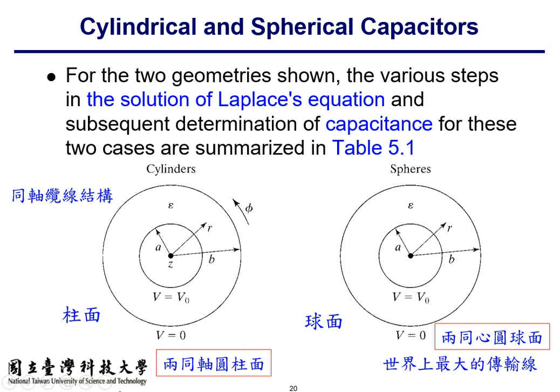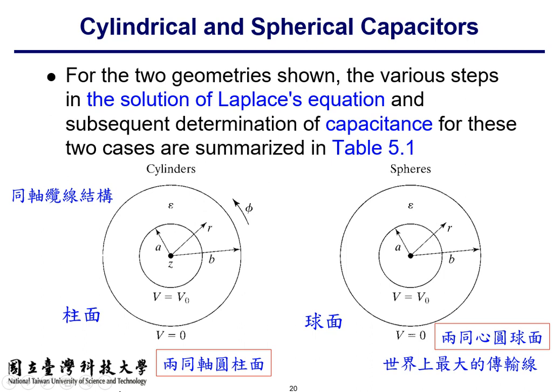So you have two metallic surfaces put together to form this cylindrical structure. In the middle you have a larger voltage, V sub 0, and on the outside is V equal to 0. And to the right are two concentric spheres. 其实这边写错了，应该是同心球啦，不是同心圆，同心球面啊。Two concentric spheres.